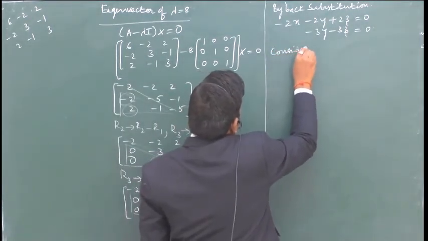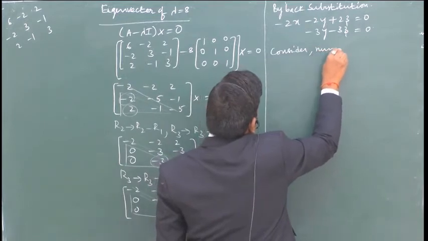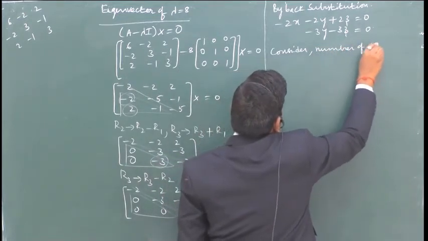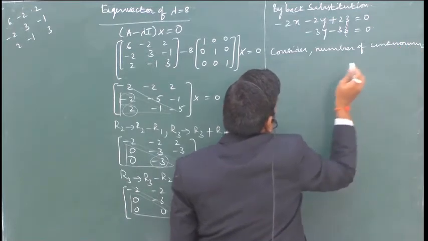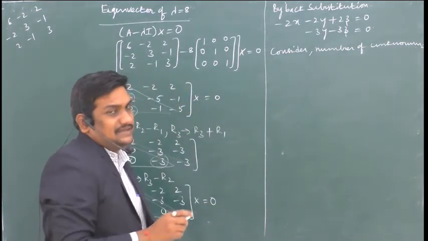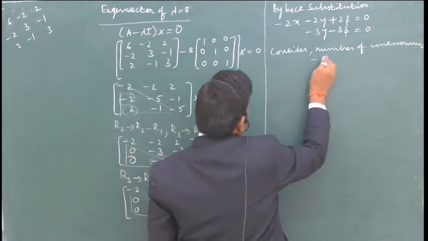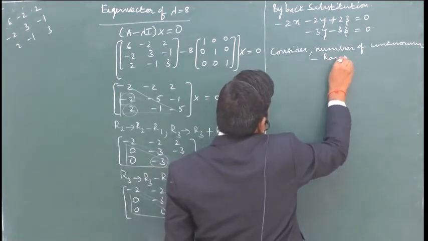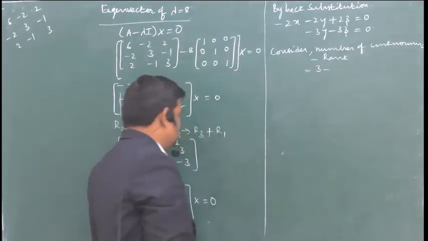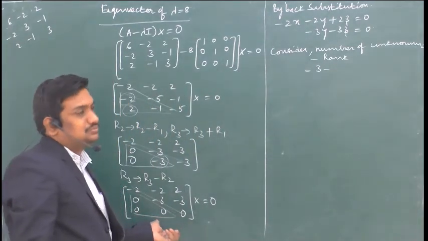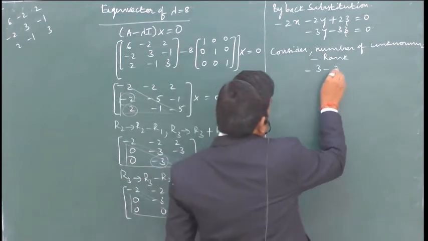One term is the number of unknowns. Here the unknowns are 3: x, y, z, and the other term is the rank of the coefficient matrix. Unknowns are 3, rank of the coefficient matrix is 2, so the difference is 1.